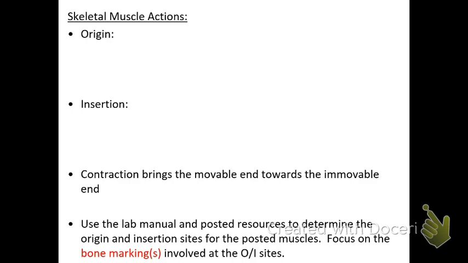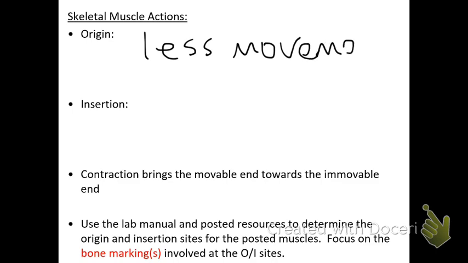So these terms, origin and insertion, have very particular meanings. They are the two attachment spots for a muscle. The origin is defined as the attachment with less movement. Okay, so I'm just going to put less movement, and then I will describe one of these to you. So the origin is the place where the muscle attaches to the bone, where when the muscle contracts, there is less movement.